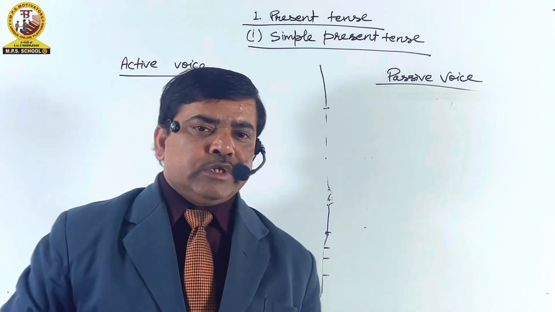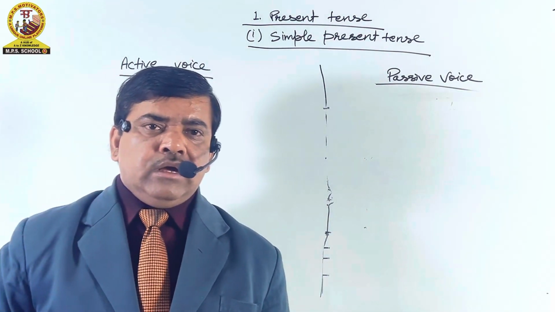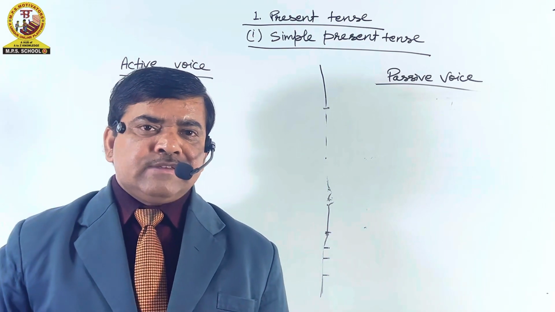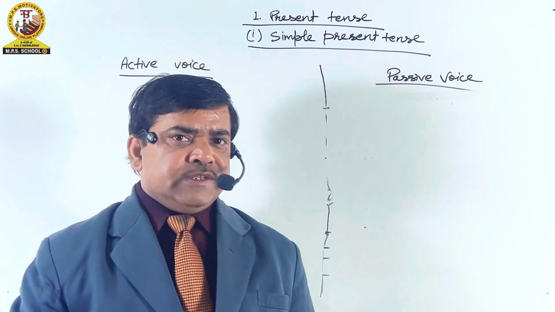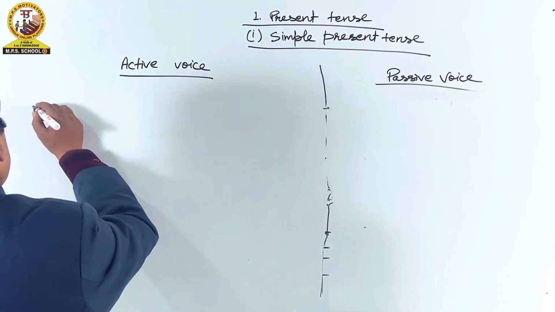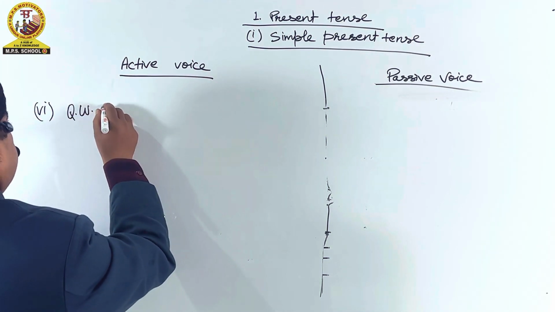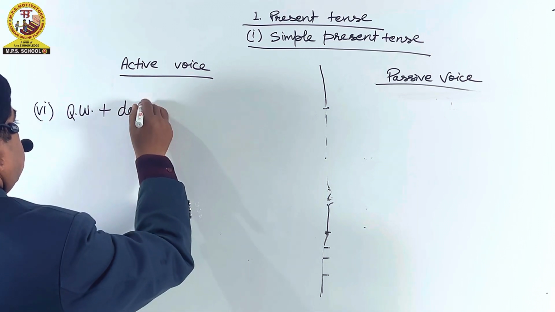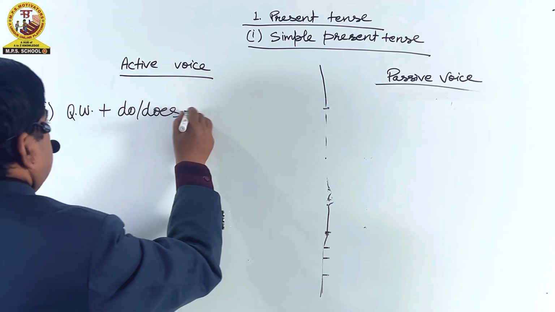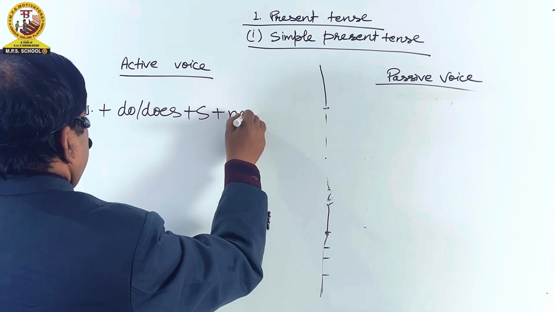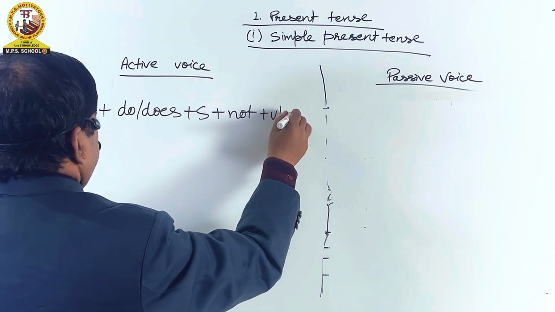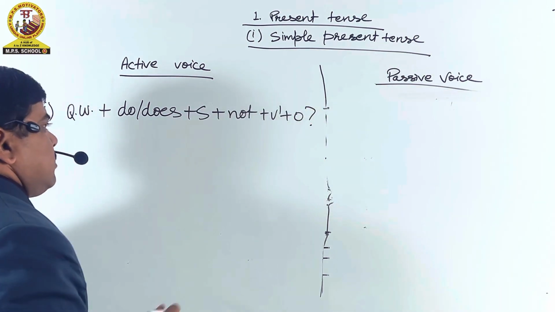Now I am going to teach you the sixth structure formula in active voice and passive voice of simple present tense. Sixth structure formula is question word plus do or does plus subject plus not plus v1 plus object question mark.